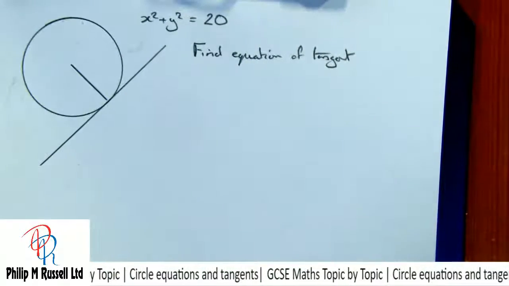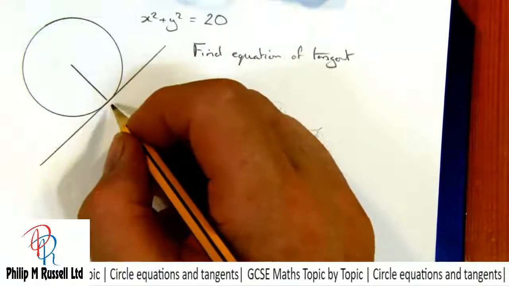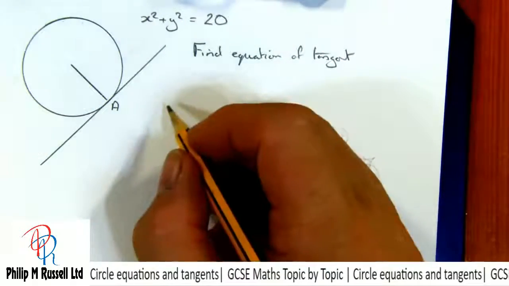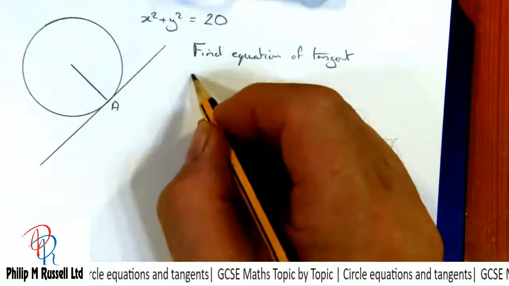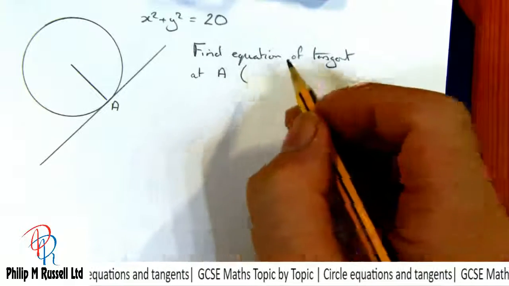And let's assume it's going to meet at some point. We'll give it a label. There we are, there's A, and this is going to be 4, minus 2.